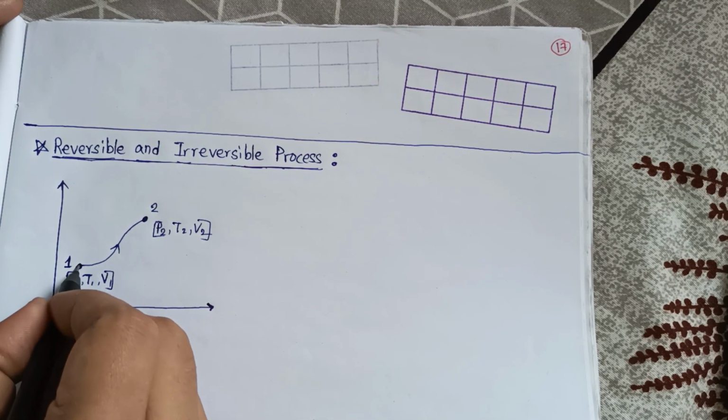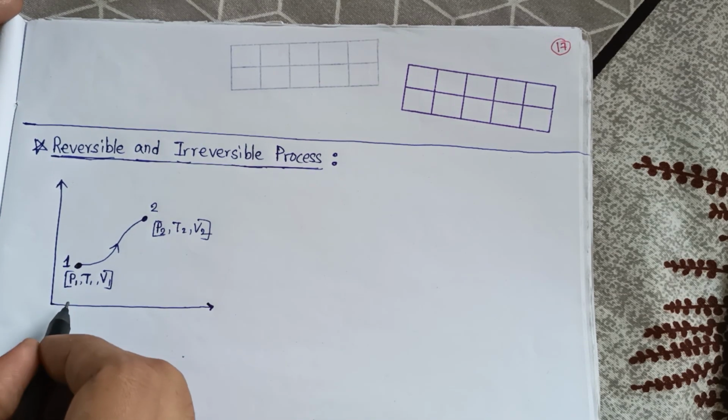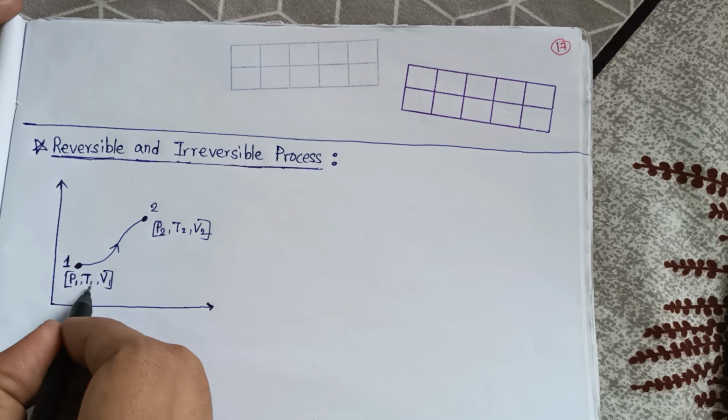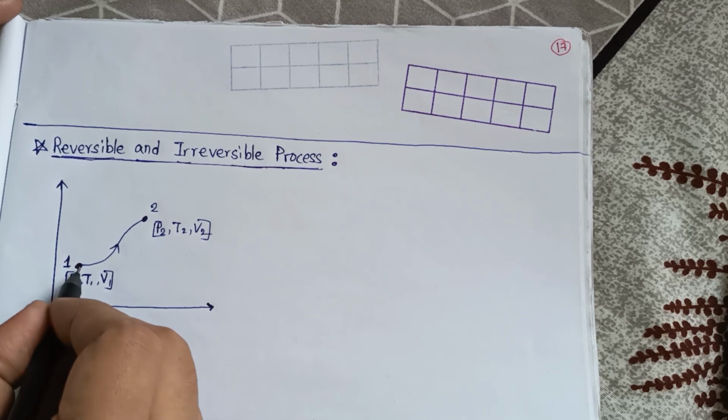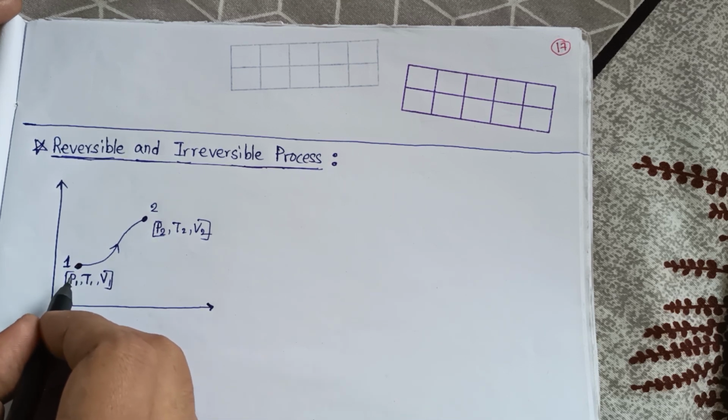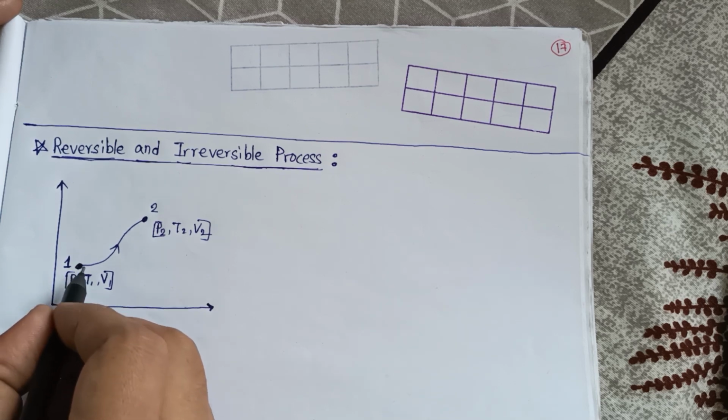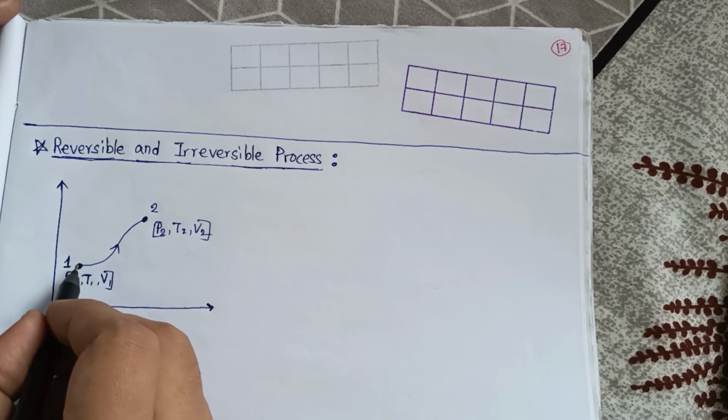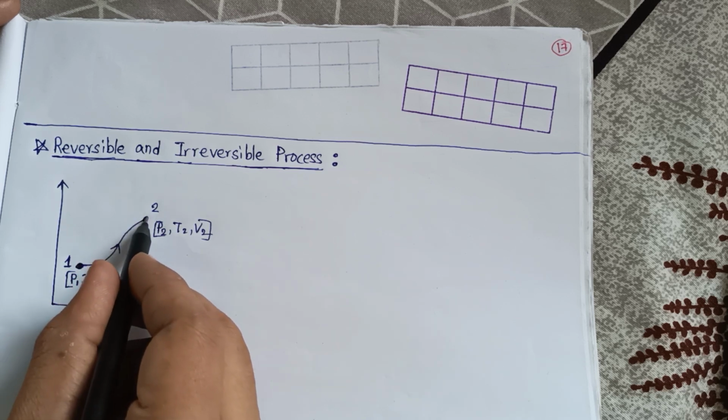Suppose there is a state 1. In state 1, there is a pressure P1, temperature T1 and volume V1. Any condition of the system is known as a state. Suppose some work or heat interaction is applied, and due to this the system changes from state 1 to state 2.